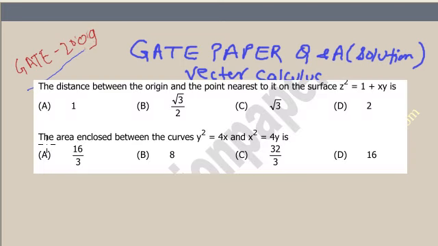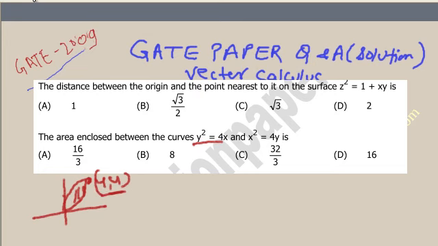This is another question. The area enclosed between the curves y square equals 4x and the other curve. This is basically a graph. If you plot this and this, this is the area, and if you find the point of intersection, you will see that (4,4) is the point.